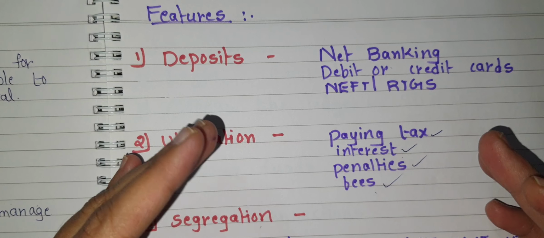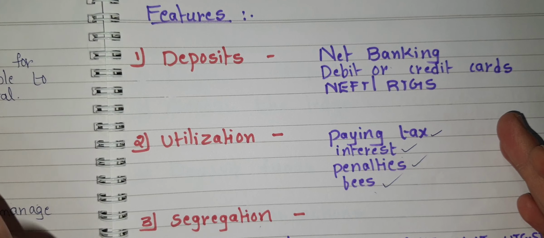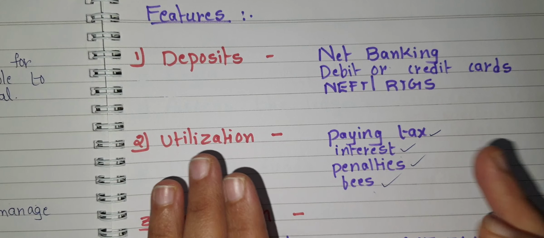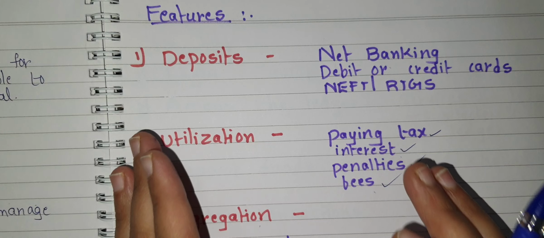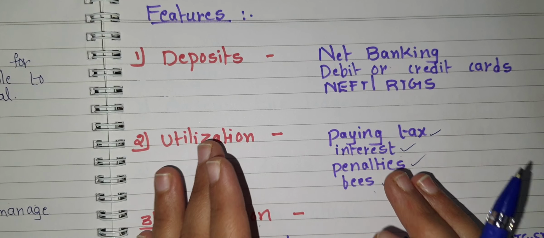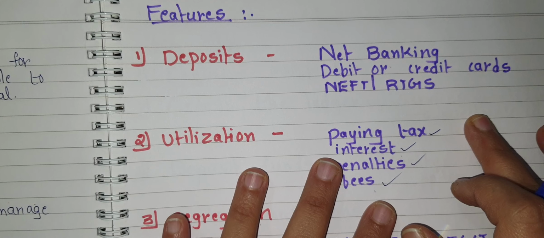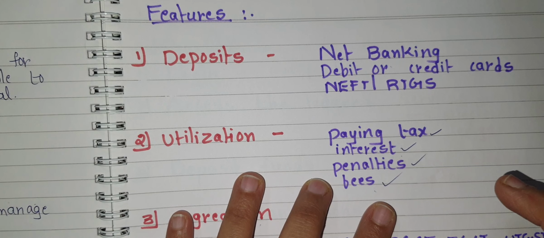The funds in the ledger can only be used for specific purposes like paying the tax liabilities or any interest, penalties or fees.